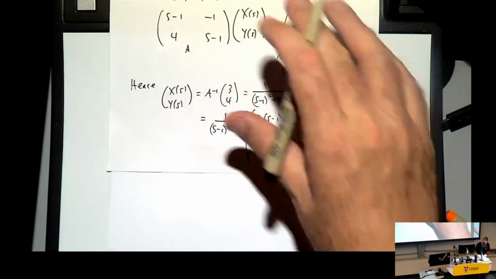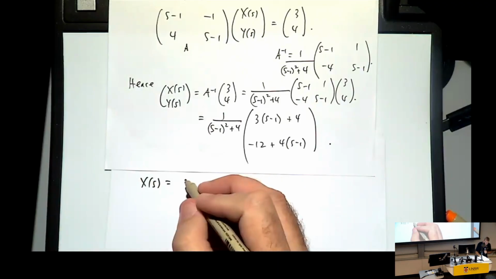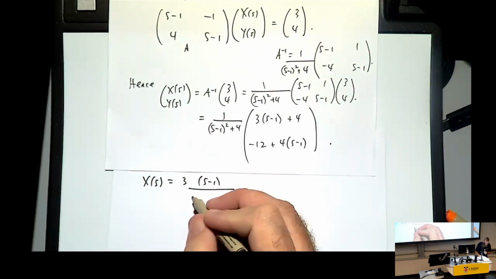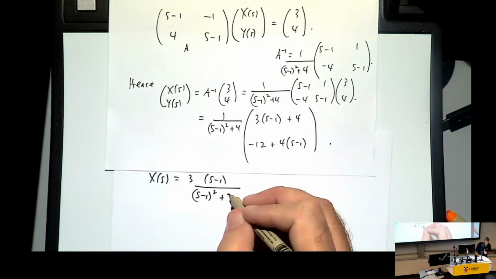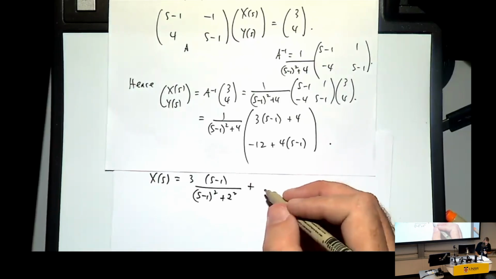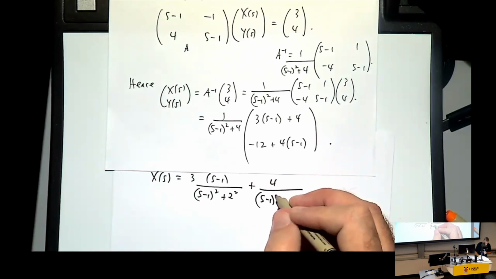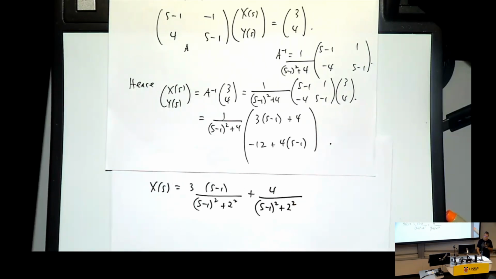Just pretend that didn't happen. Okay, I'm going to write the four as 2 squared because that might be helpful.